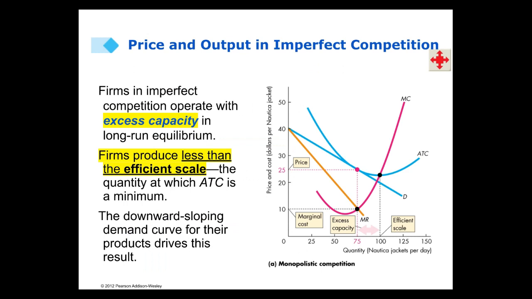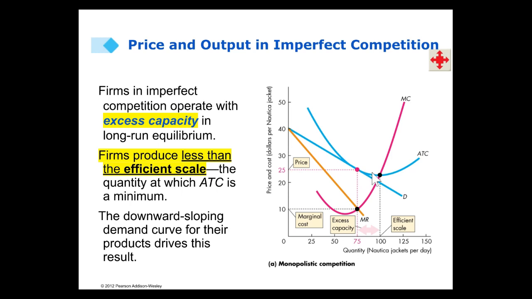So firms in imperfect competition operate with excess capacity. We can see in the graph on the right here, the marginal cost and the marginal revenue intersect here. That determines the quantity they're going to produce. We move up to this line to determine the price we're going to charge, and that happens to intersect the average total cost curve at a point that's not the lowest point.